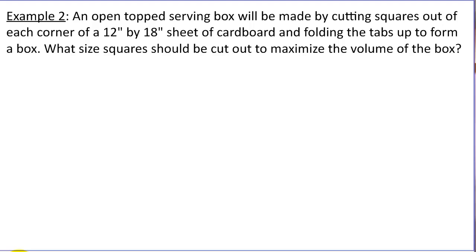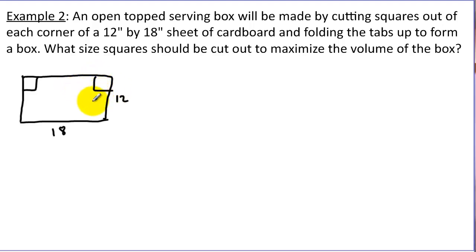Okay, here we're creating some kind of box, and we start with a rectangular piece of cardboard. And we're told that it's 12 inches by 18 inches. And we're cutting squares out of each corner, and we're trying to find out what size those squares will be.